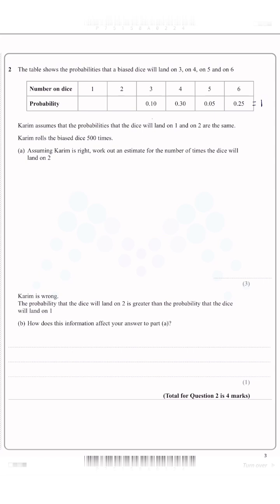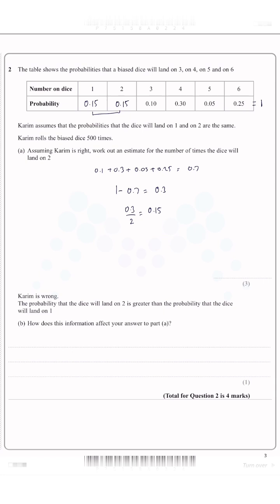So we add the four numbers that we have, 0.1 plus 0.3 plus 0.05 plus 0.25. That gives me 0.7. Then 1 minus 0.7 comes to 0.3. Because the probabilities of these two are equal, if I half 0.3, it comes to 0.15. So I'll have 0.15 here, 0.15 over here as well.